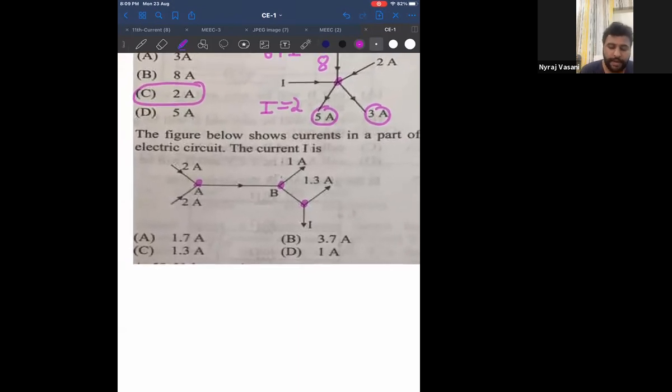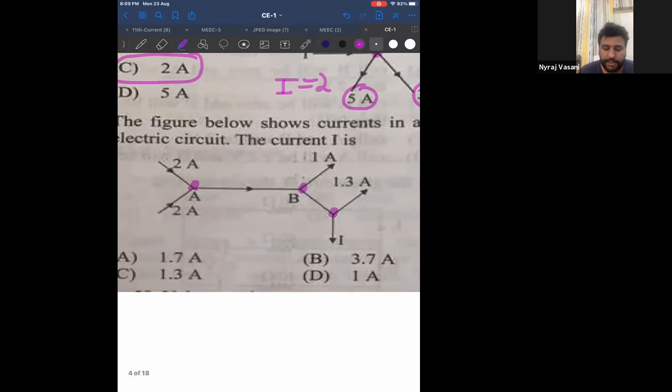Okay. Now again, I'll expand this. So we will do analysis at node A. Total current entering at node A is 2 ampere plus 2 ampere, which is 4 ampere. Therefore, total current leaving node A is also 4 ampere. Correct?